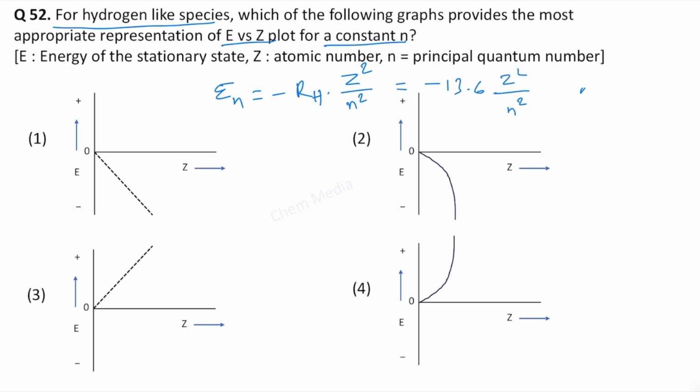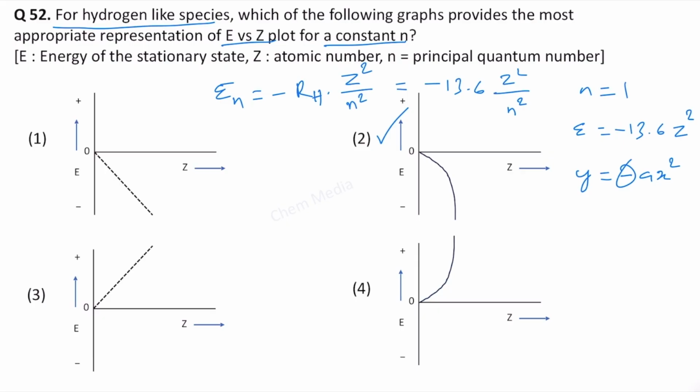If we keep n equal to 1, then we can write it as energy is equal to minus 13.6 times Z square. This is in the form of y is equal to minus ax square. So it's a simple quadratic function with a negative sign, and therefore option 2 should be correct.